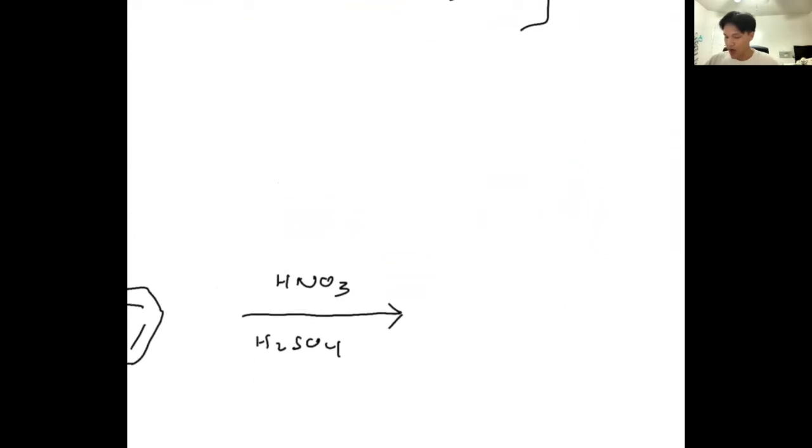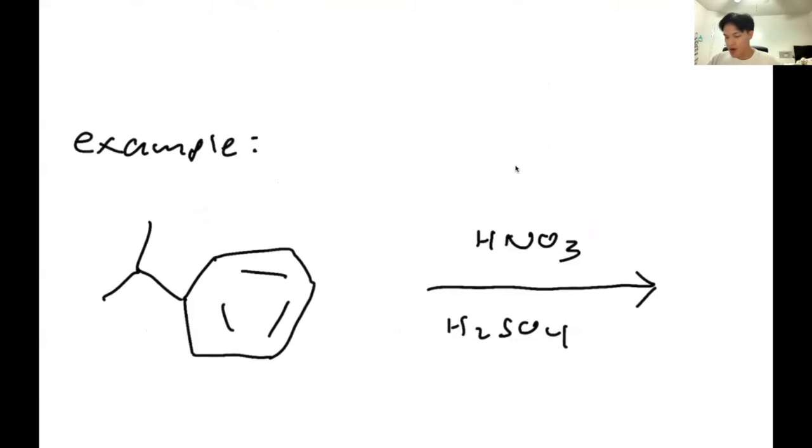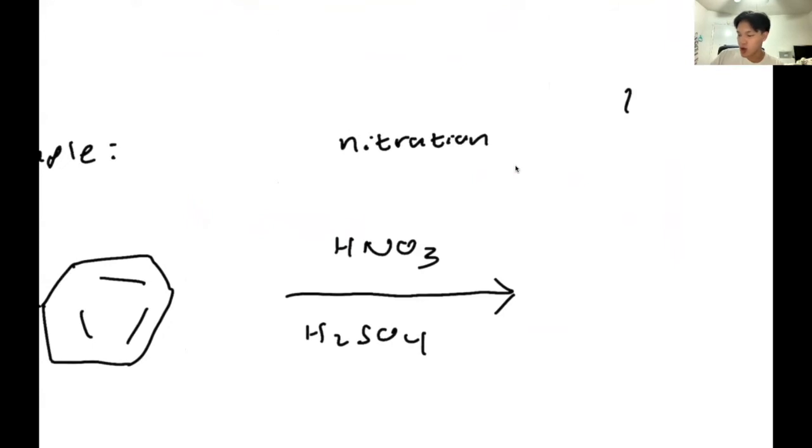First, we have a benzene ring with this isopropyl group, and we're going to treat it with HNO3 under acidic conditions of sulfuric acid. If you remember your reactions, this is called nitration. So we are going to put an NO2 group onto the benzene ring. It looks like that, right?